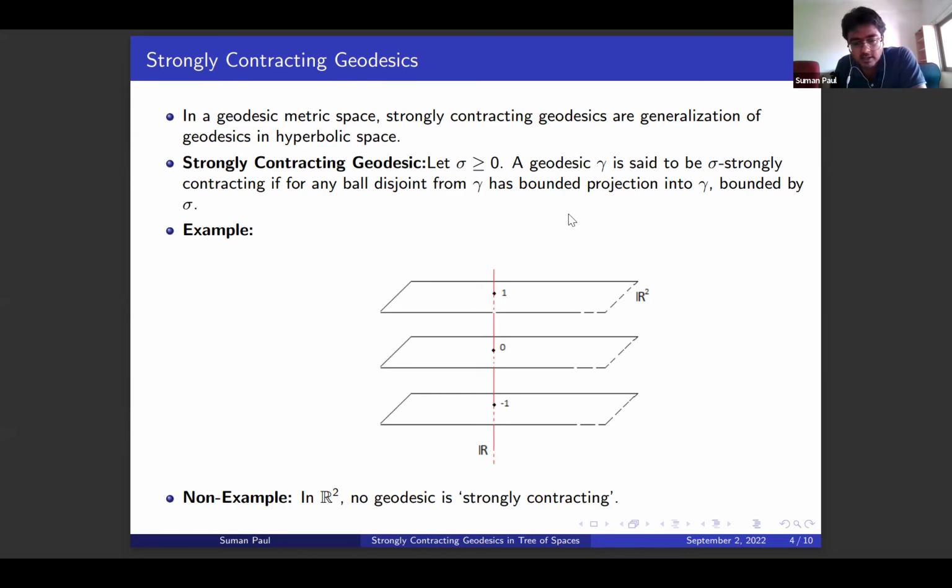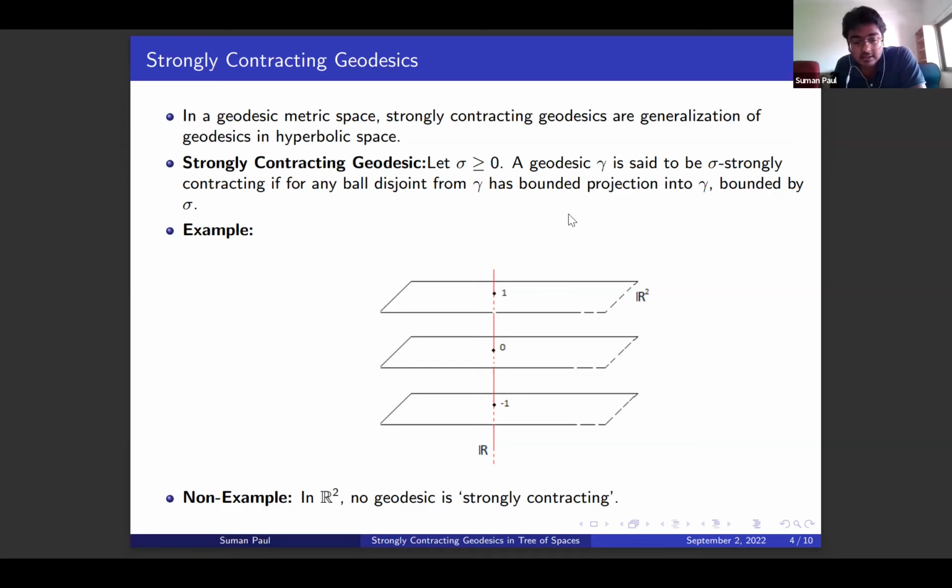Here we take one real line, and at each integer point we attach a flat Euclidean space R2. So we get a geodesic metric space. And since there are flats, the Euclidean spaces, it will not be a hyperbolic metric space, certainly.